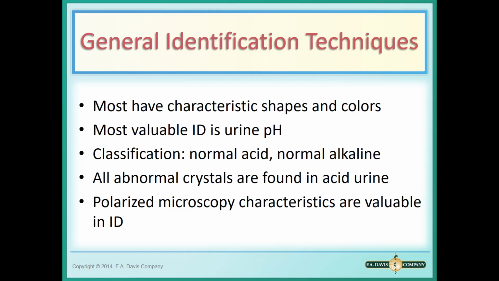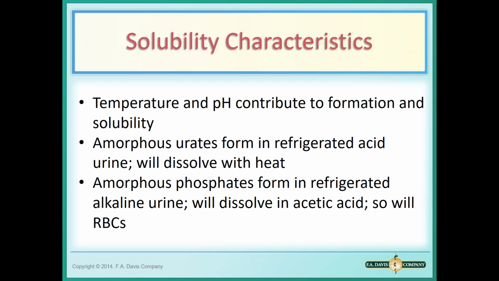How do we identify them? Shape, shape, shape, shape, shape, sometimes color. The pH is highly important in this process, and we're going to show why. We're going to see normal acid or normal alkaline conditions. And sometimes we can use things like polarized microscopy to help.